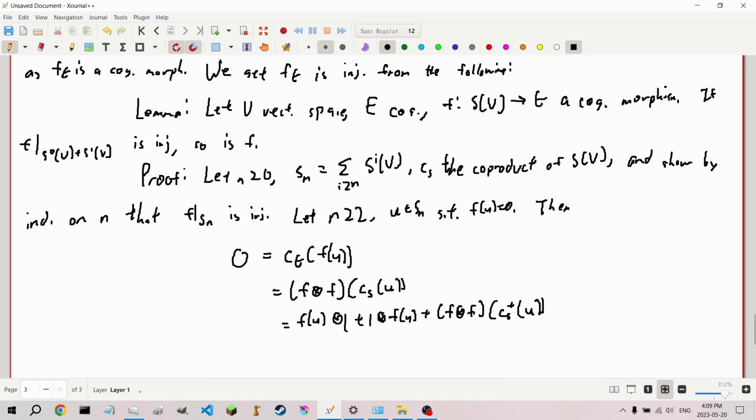And we see that these two terms will vanish, so we get f tensor f of Cs positive of u has to be 0.